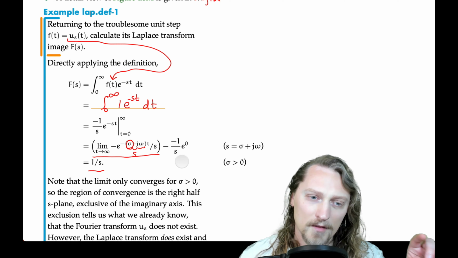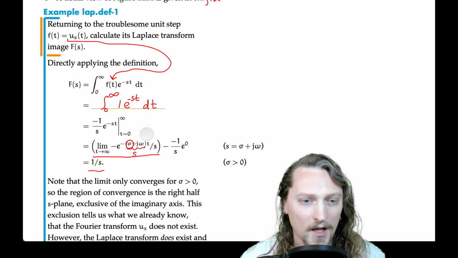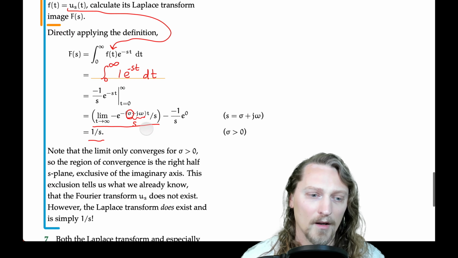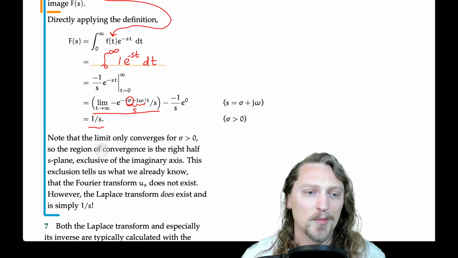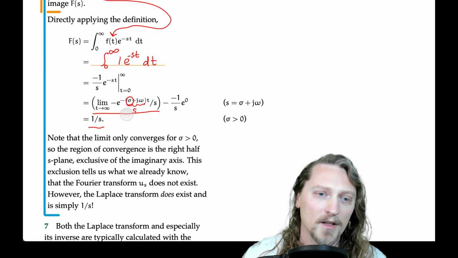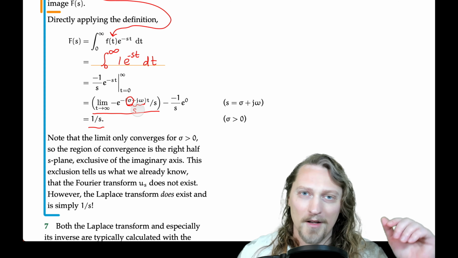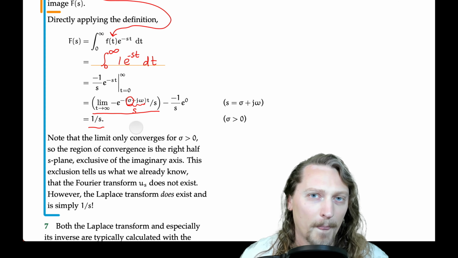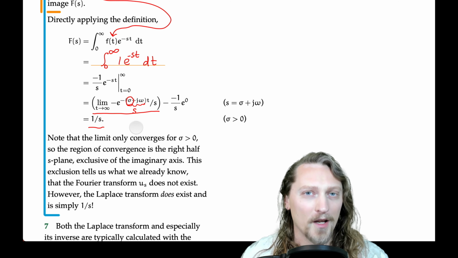Even if sigma is 0, it will oscillate for all of time, and there will be no limit. The limit won't exist. This exclusion of sigma equals 0 is important here. So if sigma is 0, we have an oscillation, so it never converges as we go off to infinity in time. And therefore there is no Fourier transform.